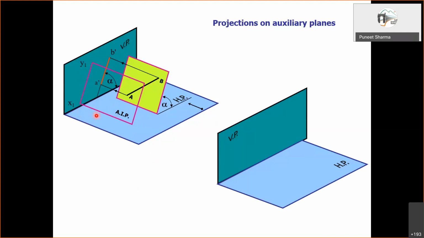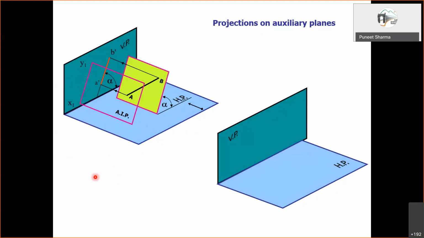This, and also you see what we did in the earlier cases, we had vertical plane, we had horizontal plane, right? And then after obtaining the top view on horizontal plane, we rotated the horizontal plane and made it aligned with the vertical plane so that both front view and top view are in a single plane.